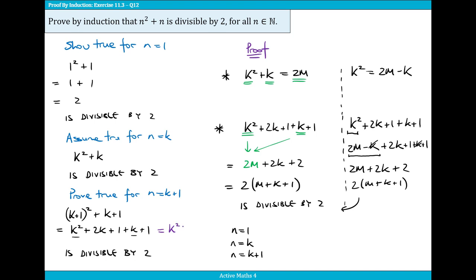I could have written it as k squared plus 3k plus 2, and then I would have had to replace the k squared with 2m minus k, and I still would have got 2 as a factor of it all. So different ways to finish it.